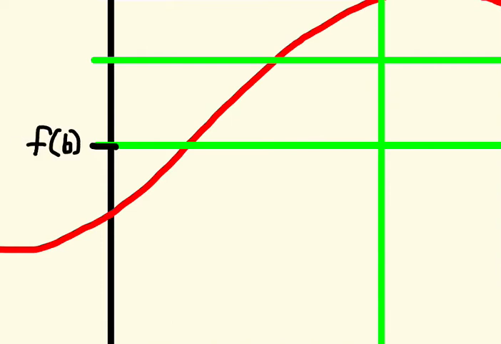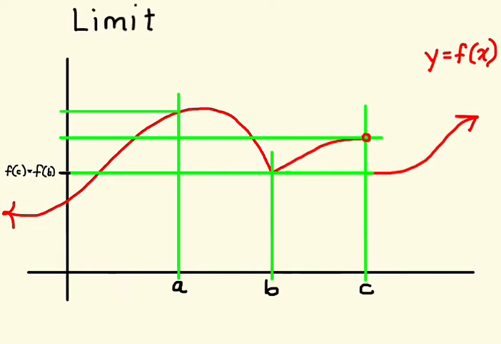It's also f of c, because b and c have the same height. When x is b and x is c, we have the same height. Then this next one up doesn't actually exist. There's a hole there.